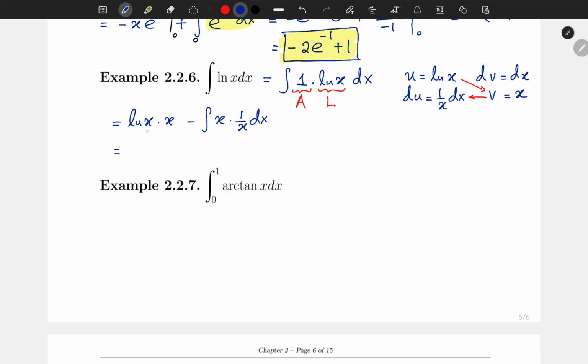Okay, so let me rearrange the first term, x ln x minus the integral of, this simplifies to 1. So the integral of 1 is just x. So it is x ln x minus x plus an arbitrary constant.